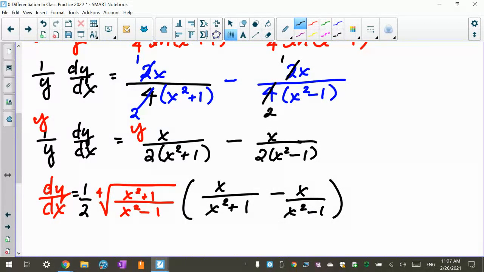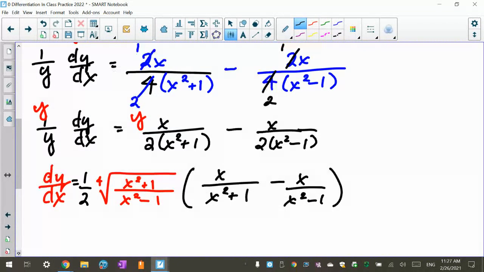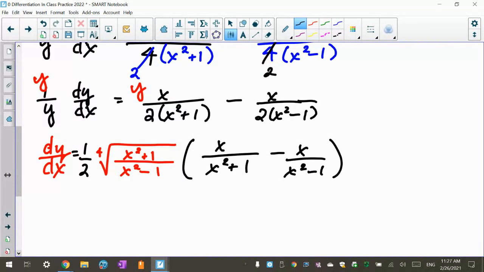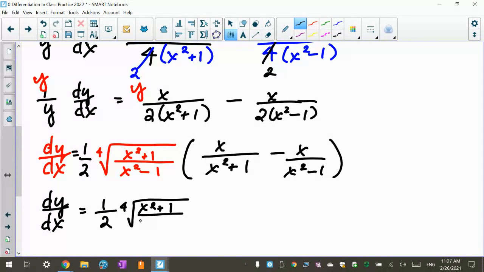I just wanted to show you that because they want us to do a common denominator here, and it makes it so much easier because you don't have to worry about the 2. So I have dy over dx equals 1/2 the 4th root of x squared plus 1 over x squared minus 1, and then all we're going to do here is multiply this by the common denominator, which is x squared plus 1, x squared minus 1.